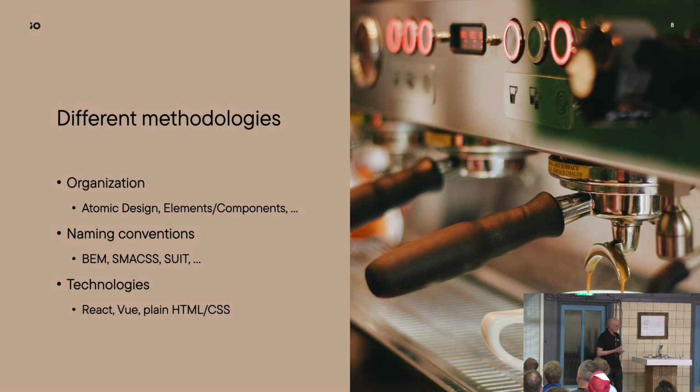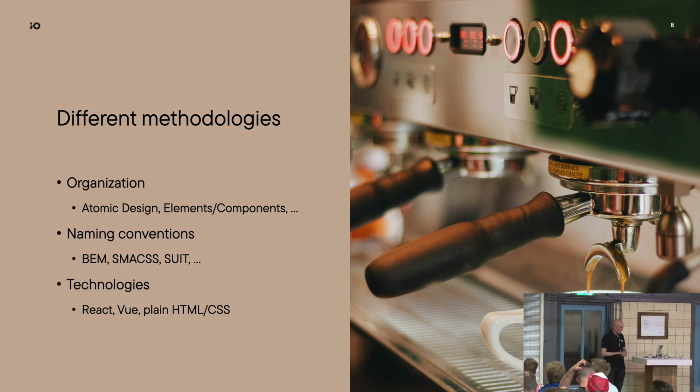In other projects, you might see elements and components, because with atomic design, it can be hard to decide, is this an atom, is this a molecule, what is this really? So in some projects, you actually say, don't worry about it, all small stuff is an element, and then the rest is components. So that also makes a lot of sense.